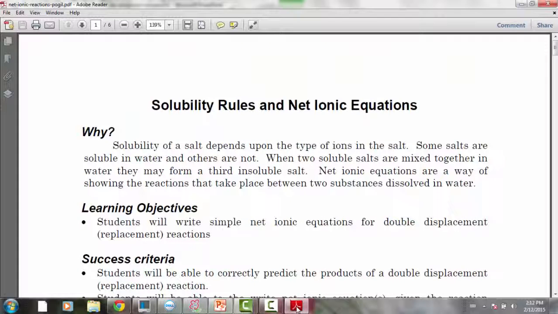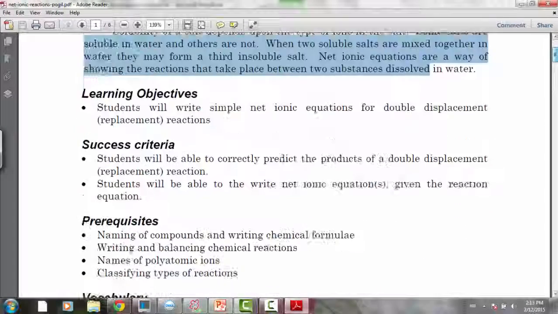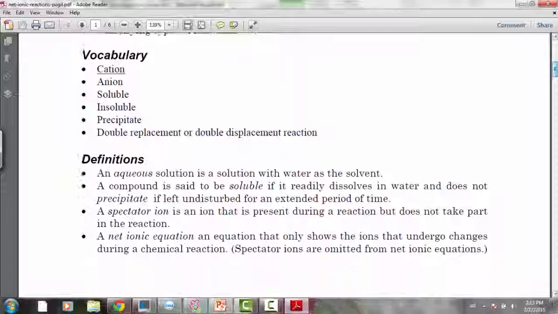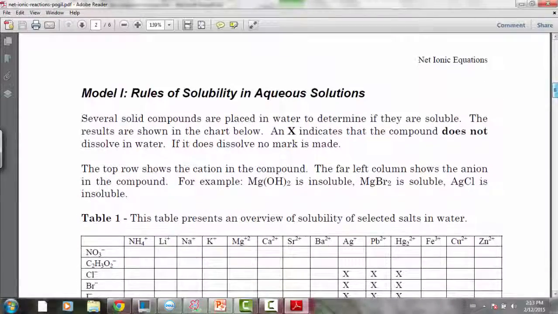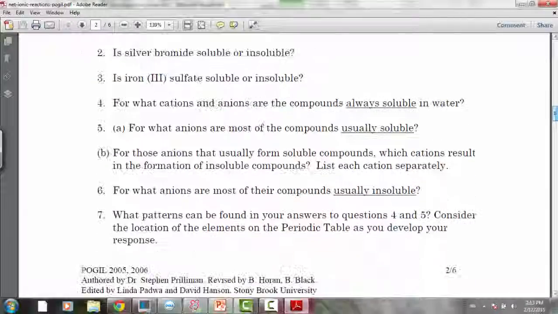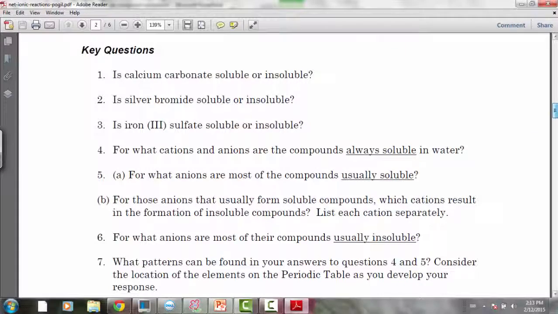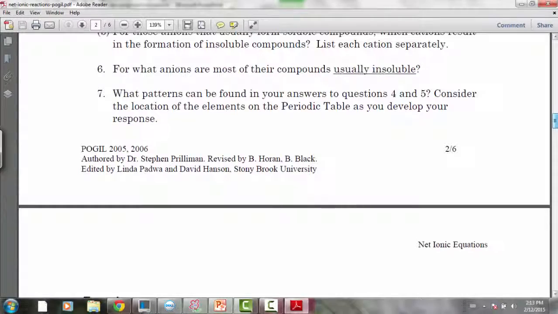Now, what to expect for homework tonight, besides watching the video. The packet I passed out in class today, solubility rules and net ionic equations. You want to read through it, look through it, check it over, make sure you understand some of it, highlight or mark the parts that you're not quite sure about, and then definitely bring this back to class tomorrow, because in the first portion of class we're going to spend some good time in small group settings working on these and making sure that we are prepared and we know what's going on.